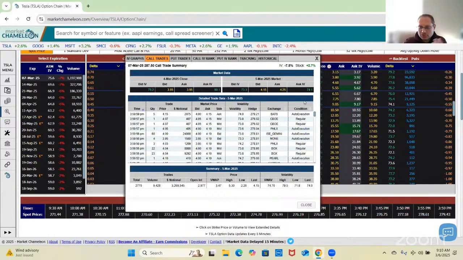We could put it in a calculator, but it would have been worth more than this $4.15. That's what this is showing us: yes, it increased due to the delta and the stock moving, but the implied volatility decreased, so some of that premium came out. And that's what this summary up top is letting us know.